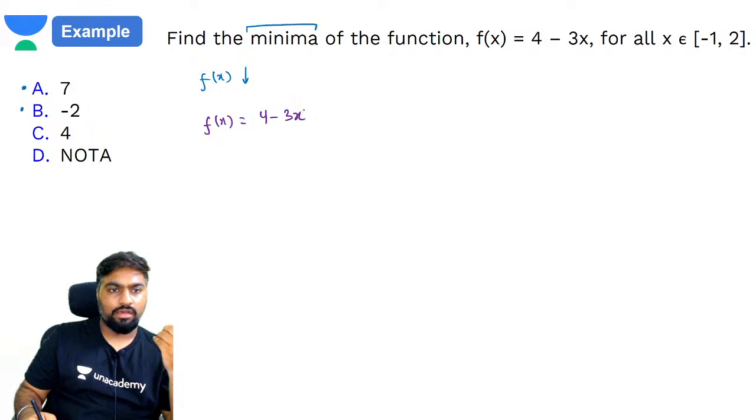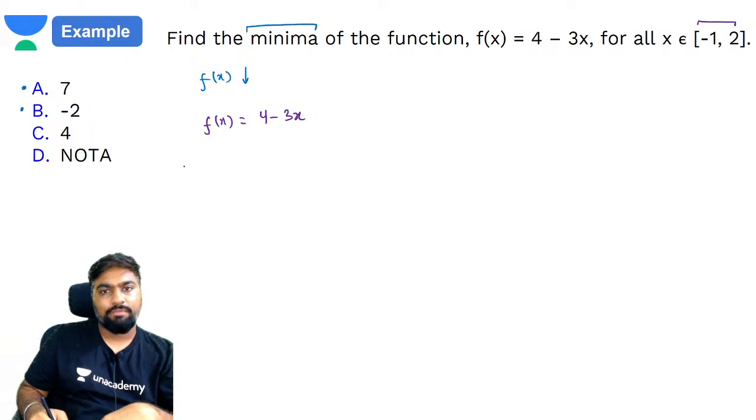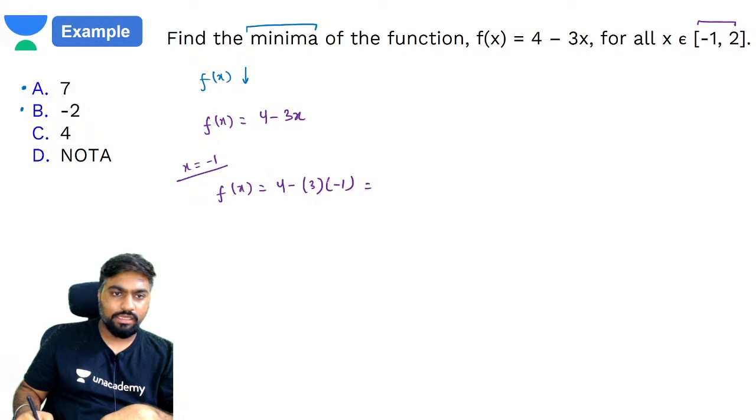The extremes will basically be extremes of the given limit, correct? So let's find what happens when x is equal to minus 1. F of x becomes 4 minus 3 into minus 1, which becomes 7.